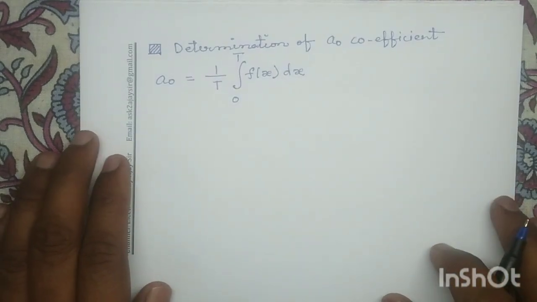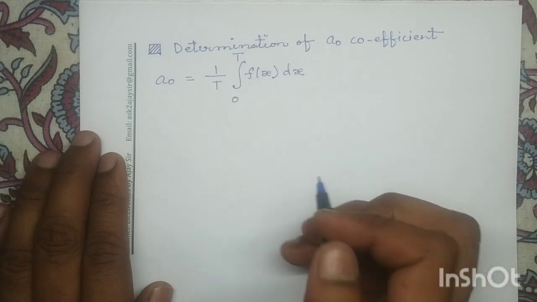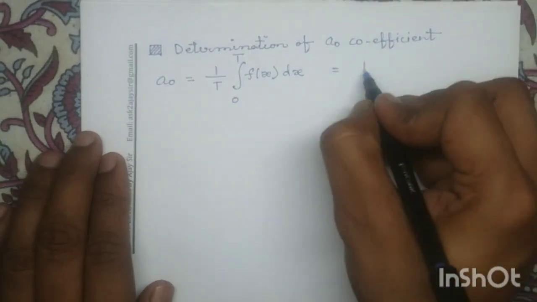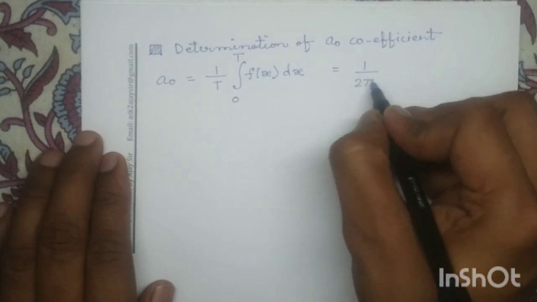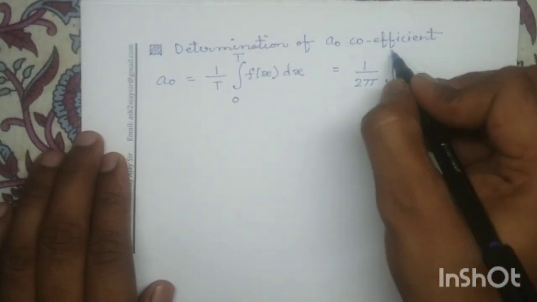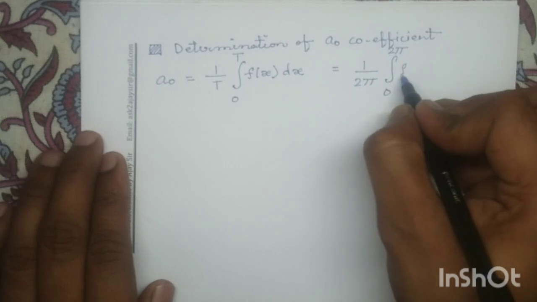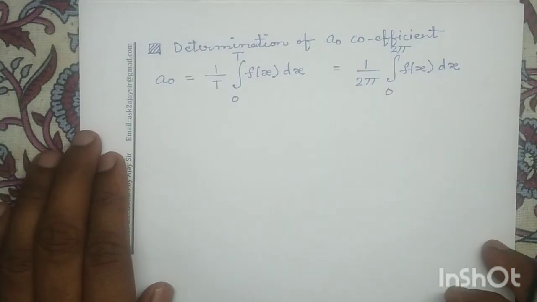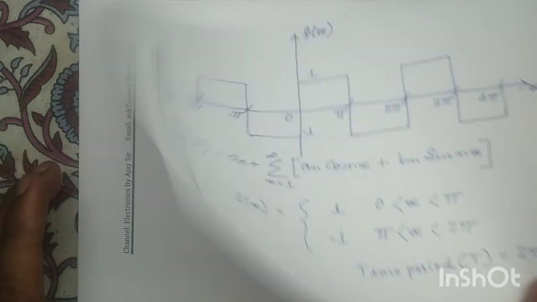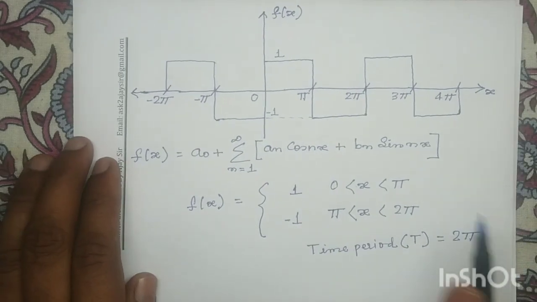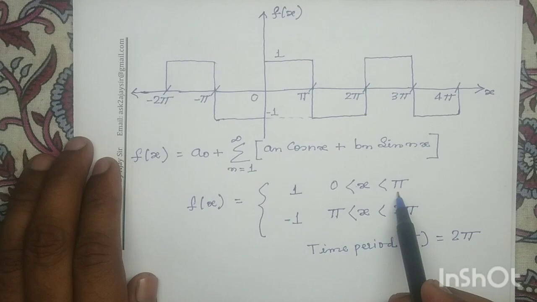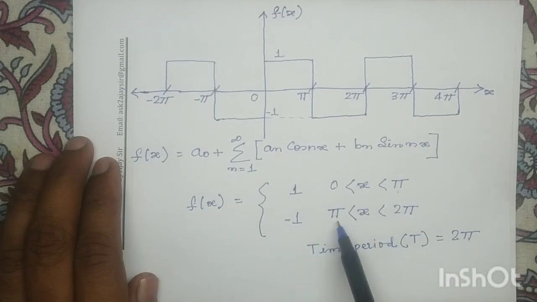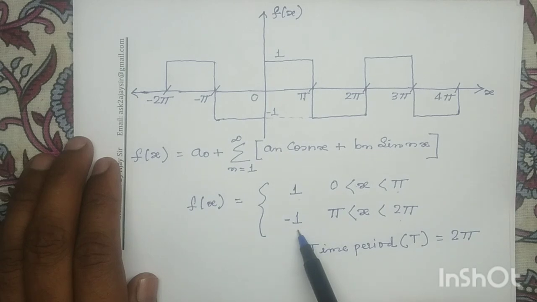We have already determined the time period is 2 pi. So substituting T equals 2 pi in this expression, it becomes 1 by 2 pi integration 0 to 2 pi f of x dx. F of x is split into two parts. When x varies from 0 to pi, f of x equals 1, and when x varies from pi to 2 pi, f of x equals minus 1.